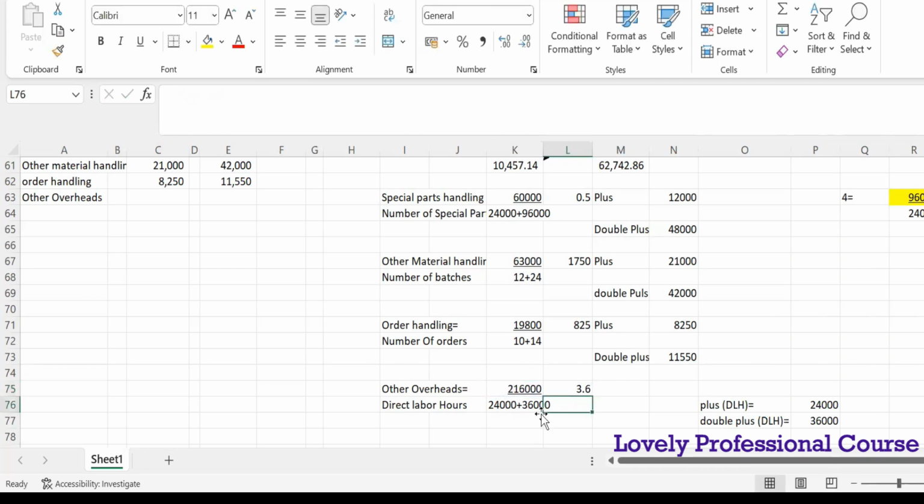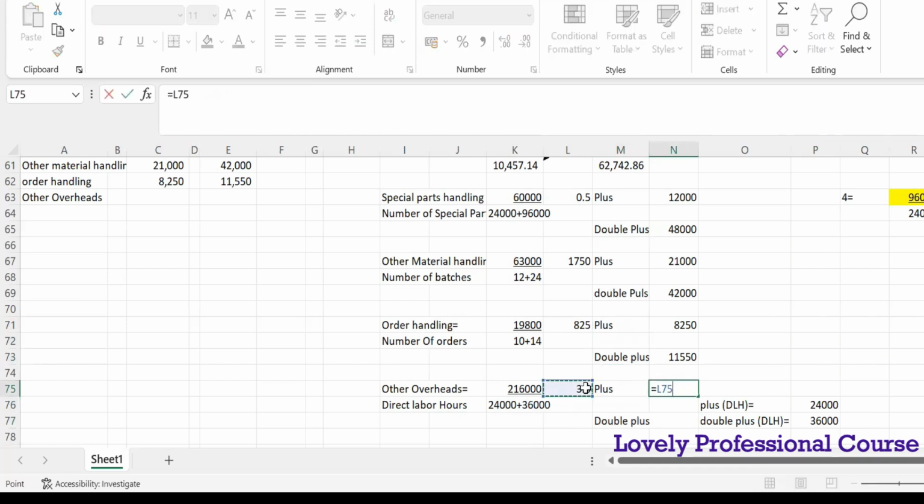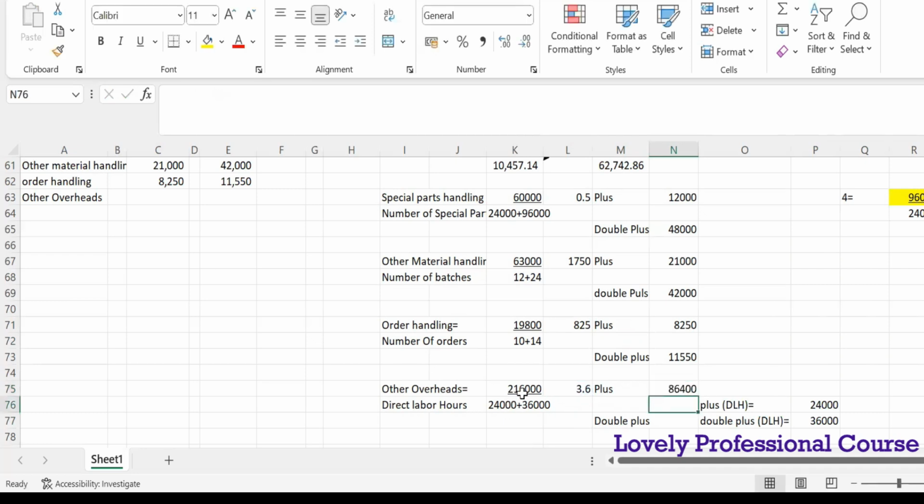So I'm going to have 3.6. For plus and double plus, I multiply this cost per activity by the hours, since it was other overhead cost, euros per direct labor hour. So I multiply by it.